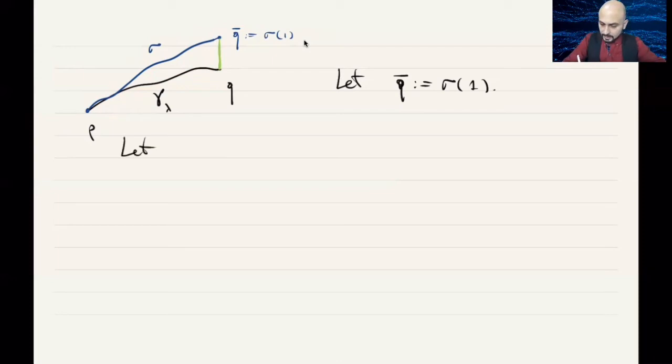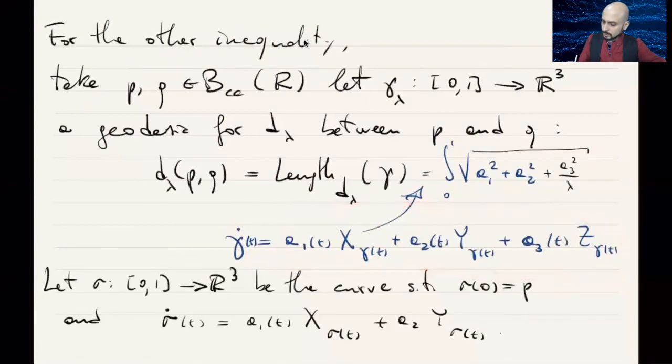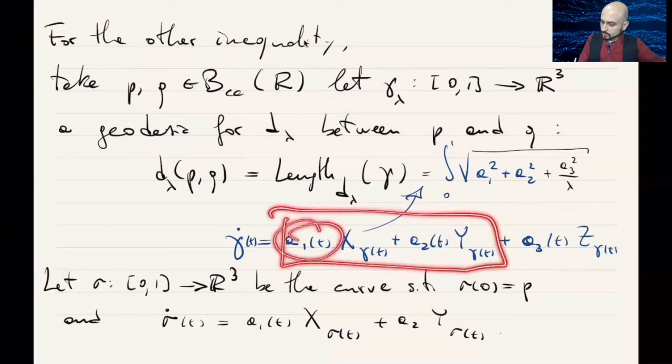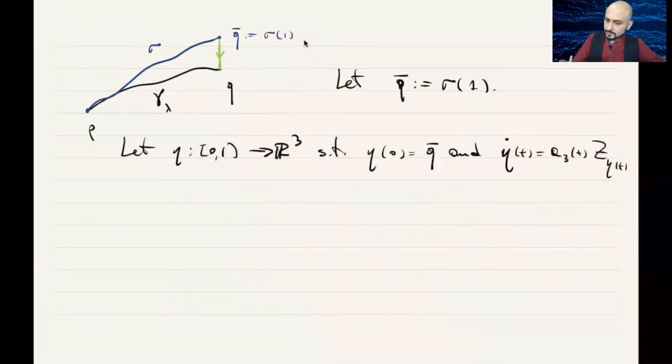Let eta from 0,1 to R3 be the curve such that eta(0) is q bar, so this direction, and eta dot at t is equal to a3(t) Z at eta(t). Namely, we took this curve and considered a curve with these two controls, and we called it sigma, and then we took another curve with respect to this vector as its control. And so this is going to be the curve eta.